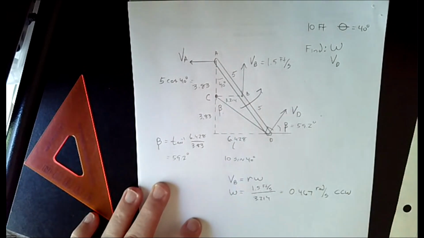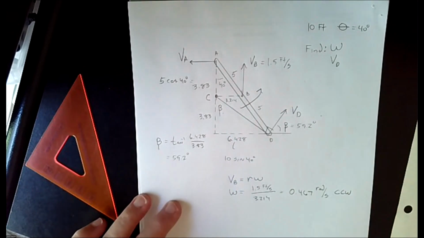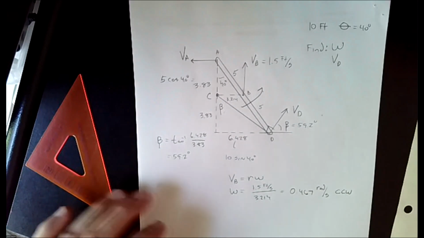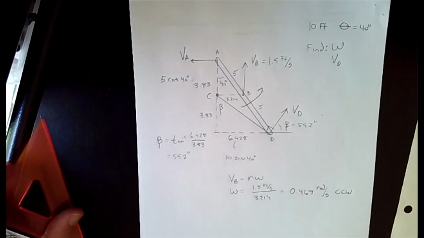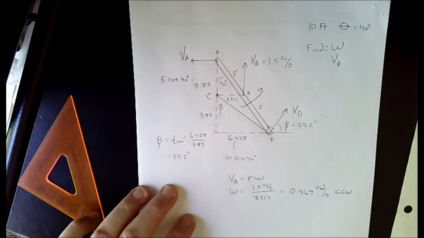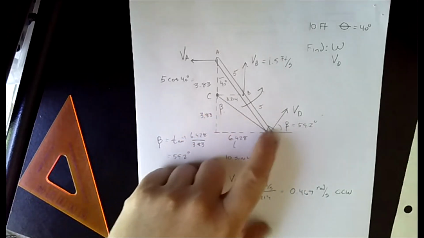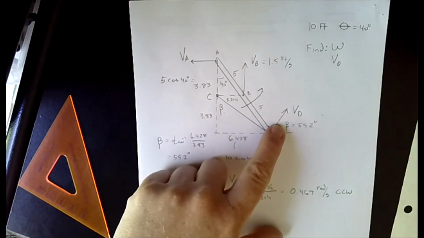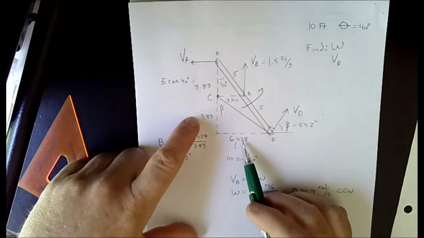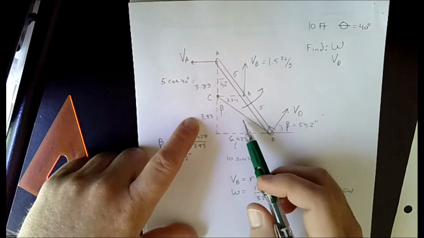Okay. And then the last part is just figuring out what is the velocity of D. Well, we know that the velocity of D can be related to the distance from the instant center, so here to here. And so what is that distance? Well, if we square this and square this, we know how to get the hypotenuse.